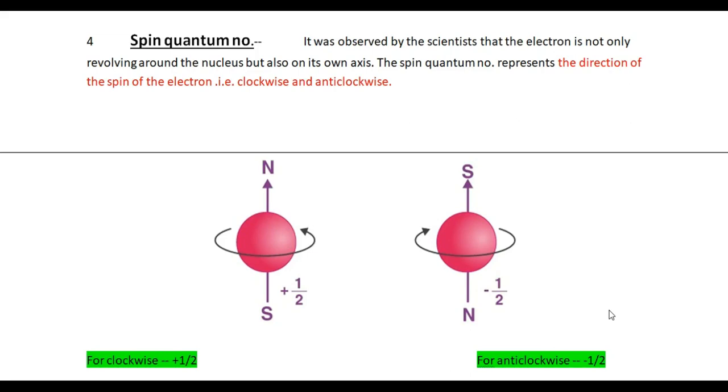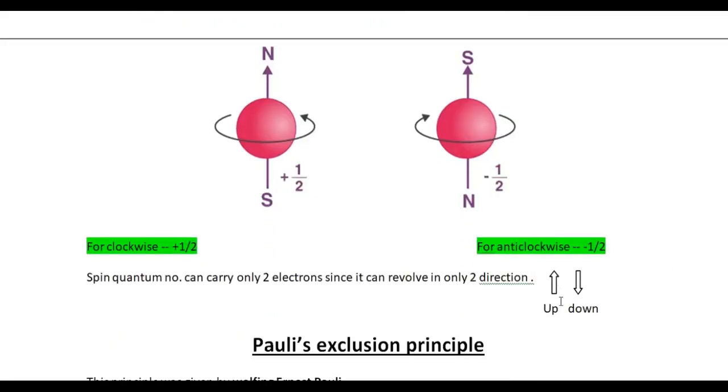This quantum number has a value independent of the values of the other three quantum numbers. Instead of giving numbers for ms, plus half or minus half, the two orientations are usually designated by arrows, which are upspin and downspin. Here you can see this is the up one and this is the down one.